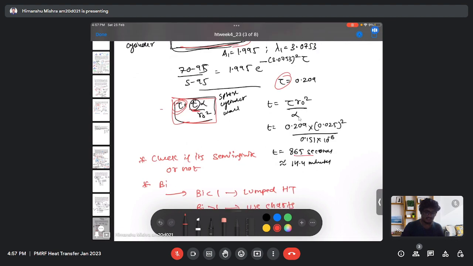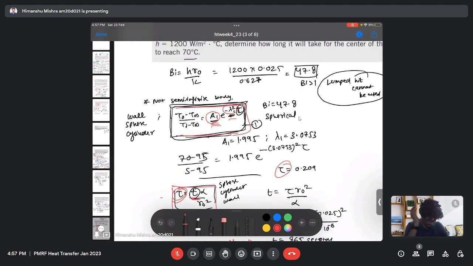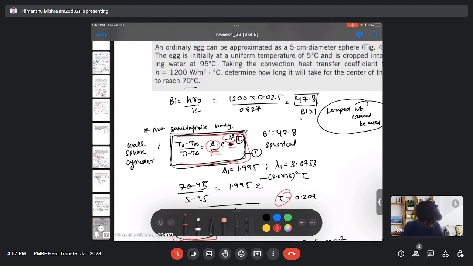Any doubt until now? Sir, when you calculated the Biot number for this problem, note that the characteristic length should be D by 6 here. Yeah, it should be D by 6, so the Biot number will be hD by 6k.